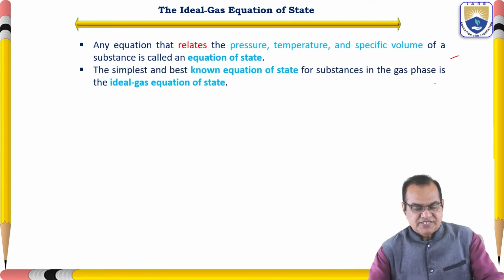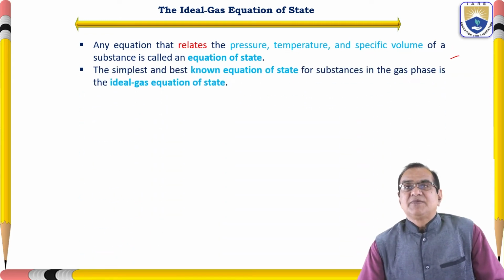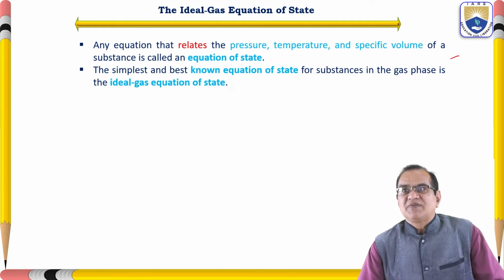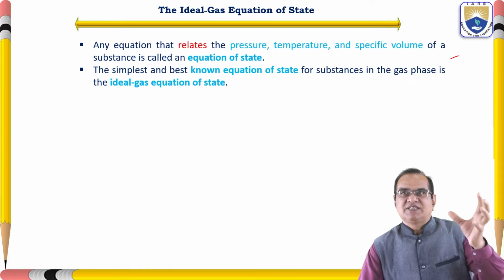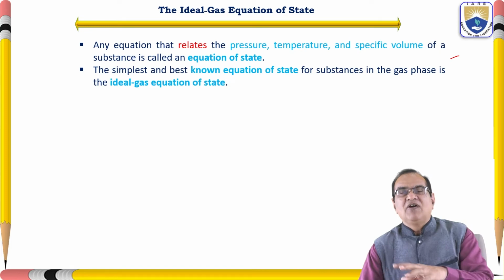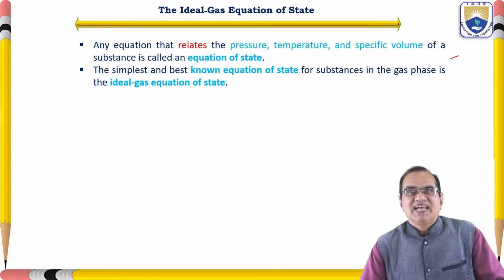Next, the simplest and best known equation of state for substances in the gas phase is the ideal gas equation. So the best equation which relates pressure, temperature and specific volume is called the ideal gas equation.